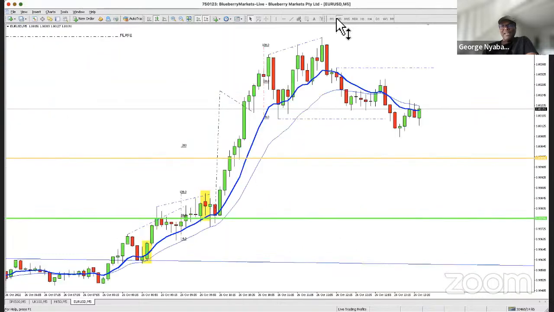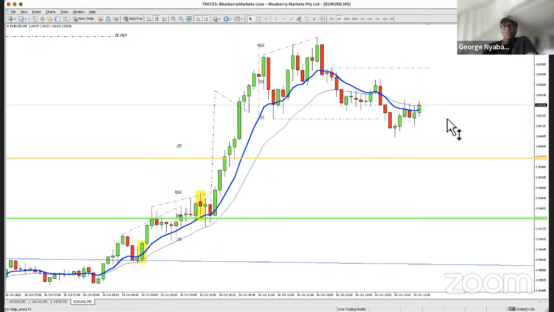So if we go back to the 5 minutes, I'm still biased towards shorts for the euro, but it has to set up for me in the correct place. That's where the correct place is going to be. And we still have plenty of time in the day.